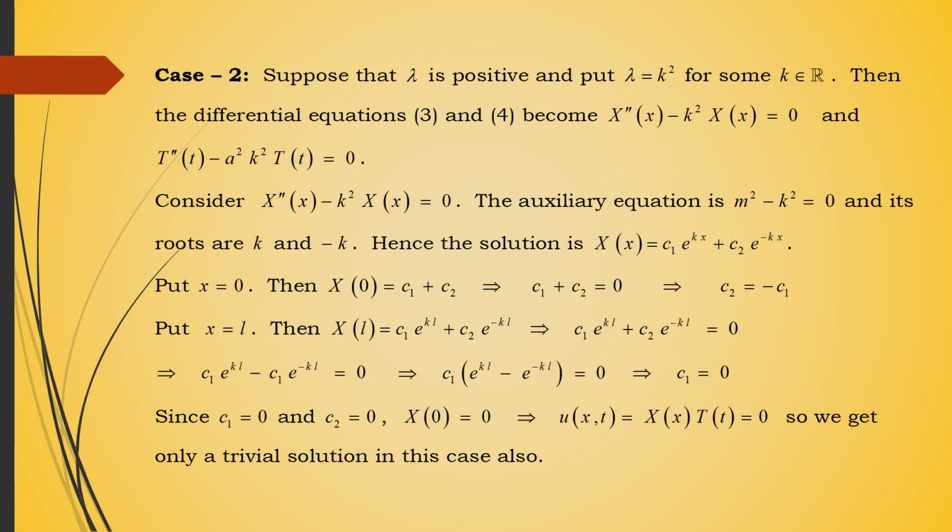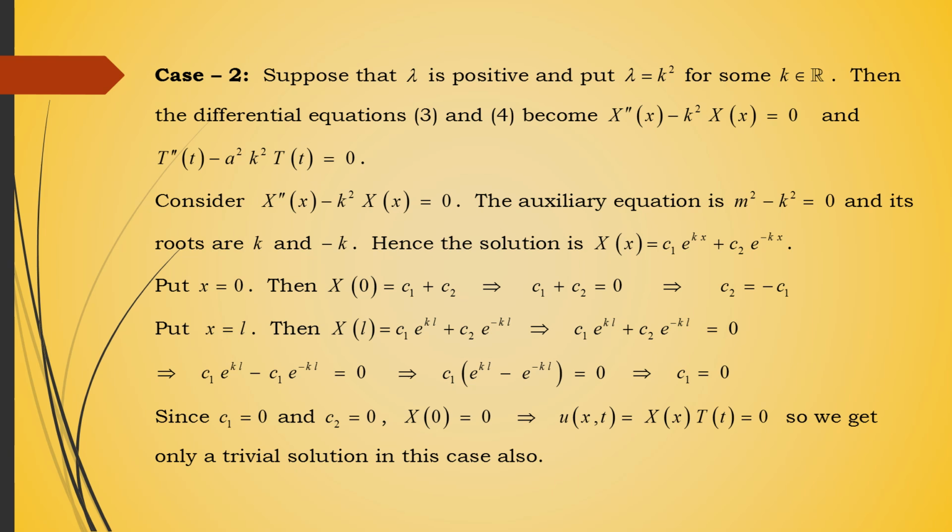So the roots of this auxiliary equation are m equals plus k and m equals minus k. Hence, the solution of the differential equation X double dash of x minus k square X of x equals 0 is given by X of x equals c1 e power kx plus c2 e power minus kx, where c1 and c2 are any two arbitrary constants.